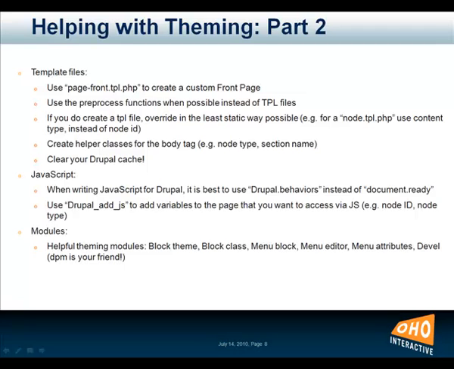Another decent approach to using TPL files for specific pages using naming conventions: if you have a specific page that you want to use a TPL file for in Drupal, one of your first notions would be to use the naming convention that goes node ID, so node 725.tpl.